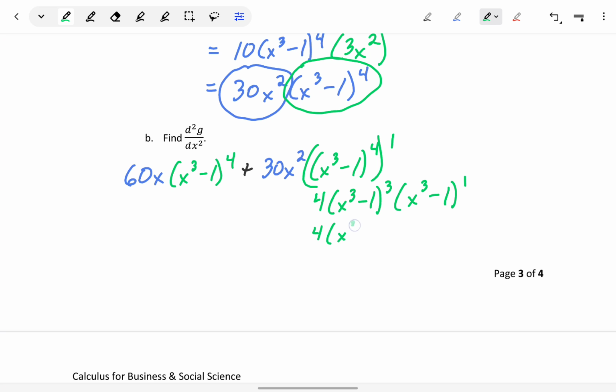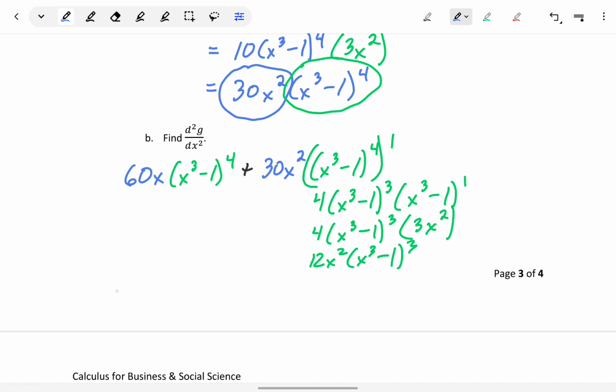So we'll get 4 times x cubed minus 1 to the third power times 3x squared, or 12x squared, x cubed minus 1 to the third power.